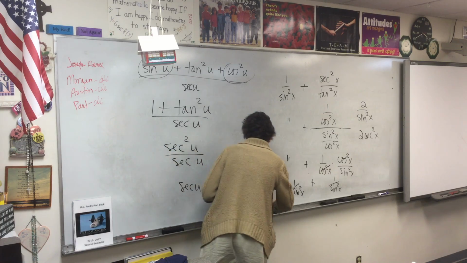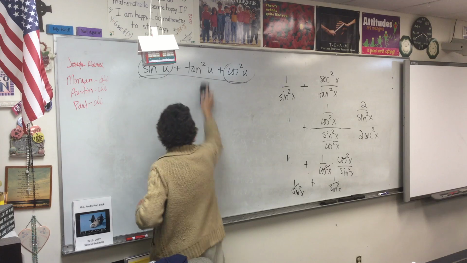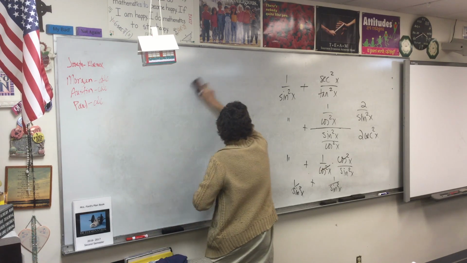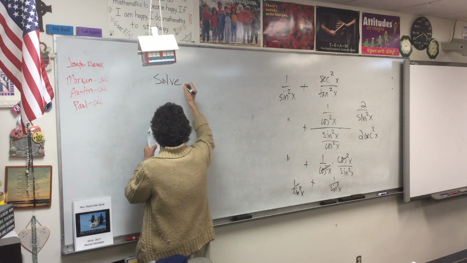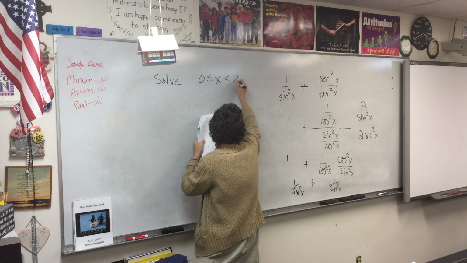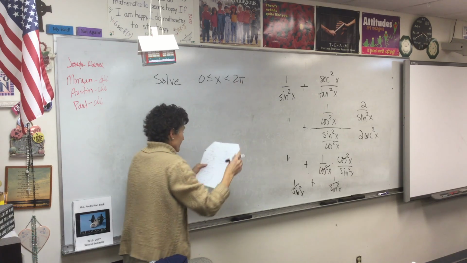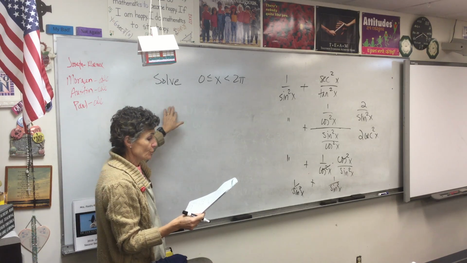So we're going to do number 2, which is a whole different kind of problem. It is a solve problem. So we are going to solve, and the directions are these. Notice this is part 2.